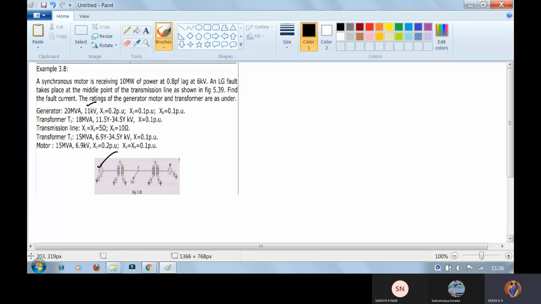We have a generator. Already you are familiar with writing a reactance diagram. I don't think you'll feel difficulty. Same thing. One generator. Generator means what? You'll have a source and a winding. So we'll write a winding with the source to represent a generator. Next, what do you have? Transformer. Transformer is represented with a winding. Let us think this is T1. And one more thing, transmission line, normally we write only one winding representation.